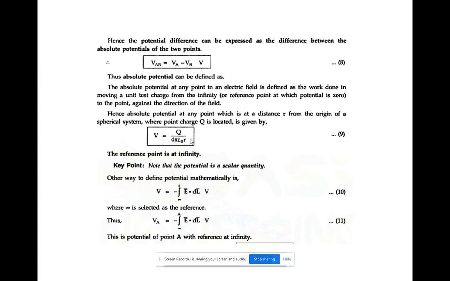So you can also express the potential difference in absolute value. Okay, so VAB equal to VA minus VB will give the absolute potential difference between the 2 points.